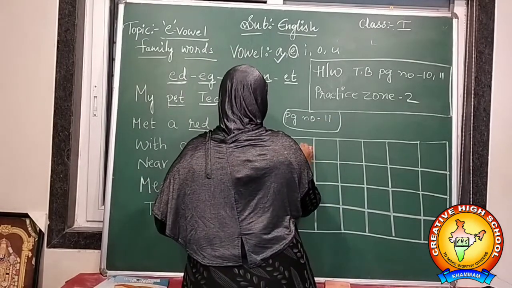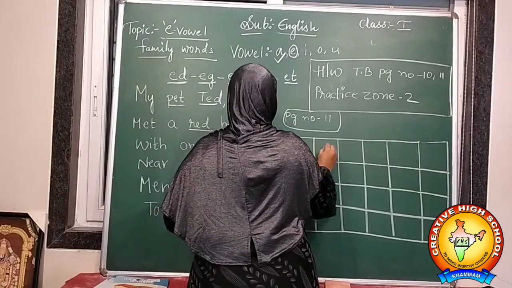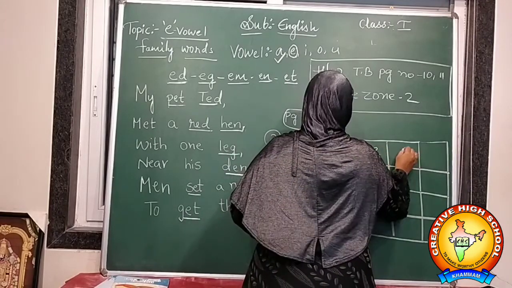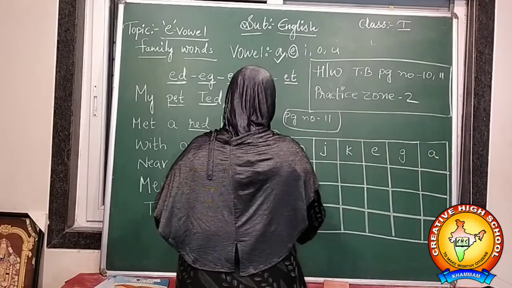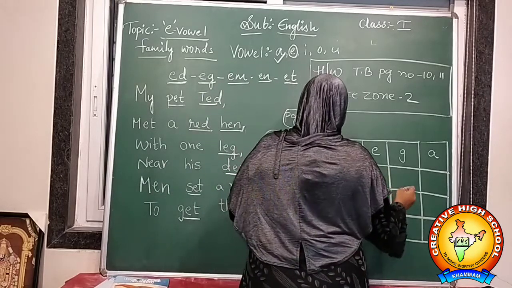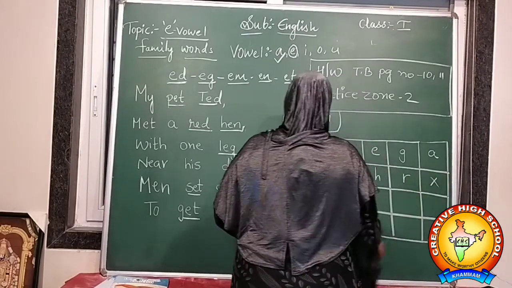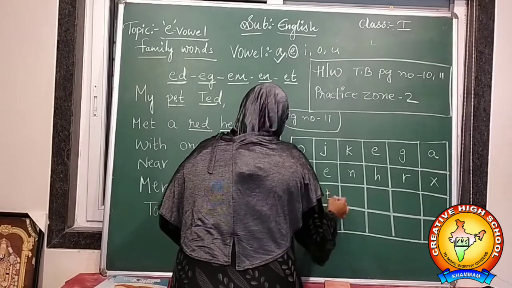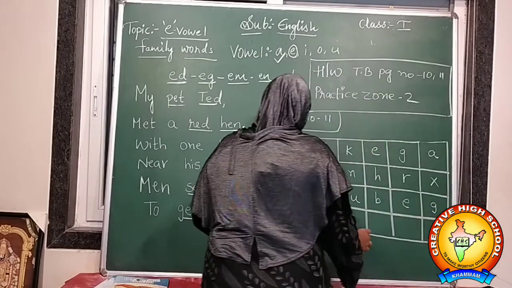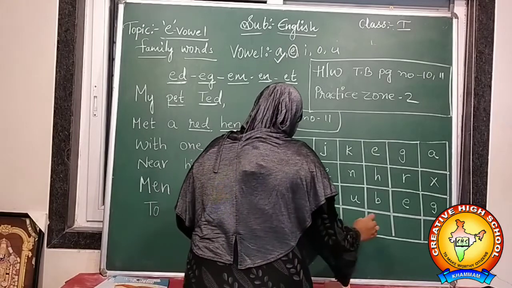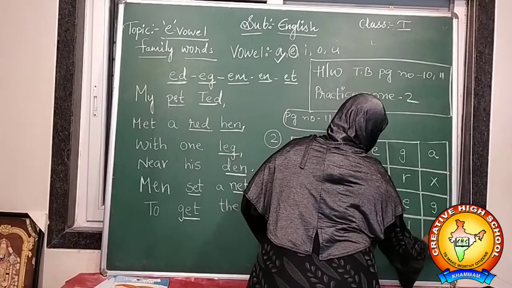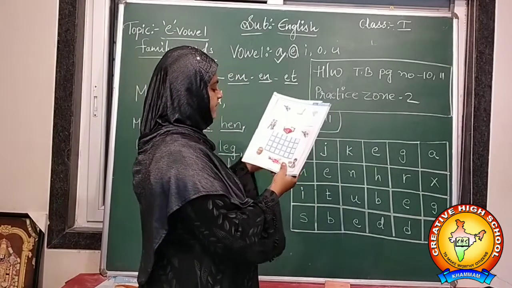Okay. They are given O, J, K, E, G, A, E, M, E, N, H, R, X, I, T, U, V, E, G, S, B, E, D, D, T. So here are the pictures.